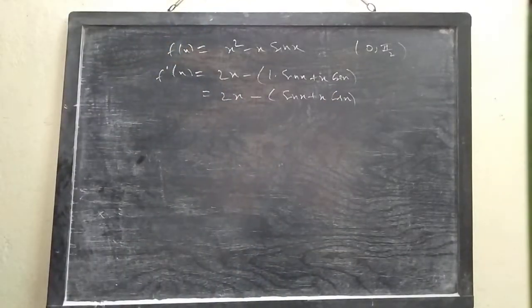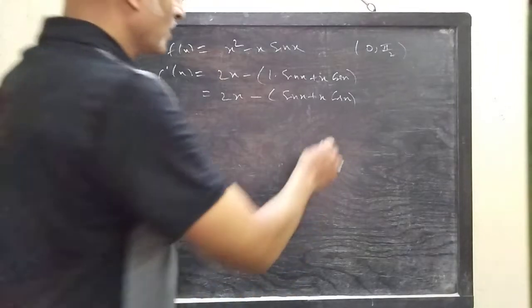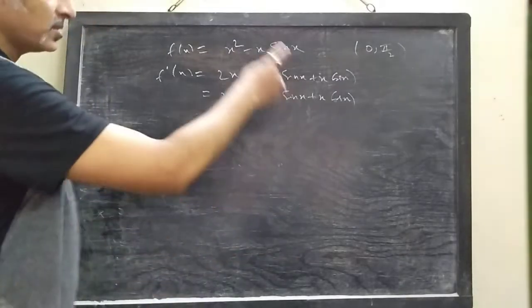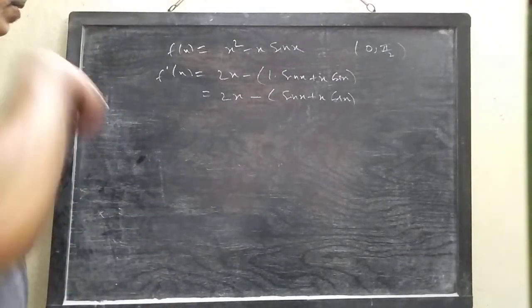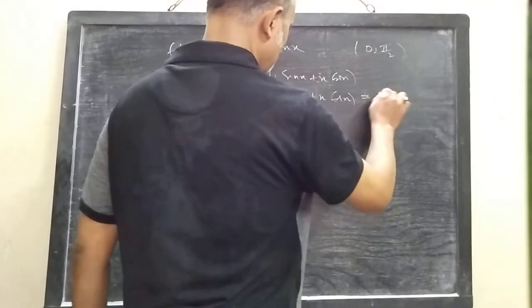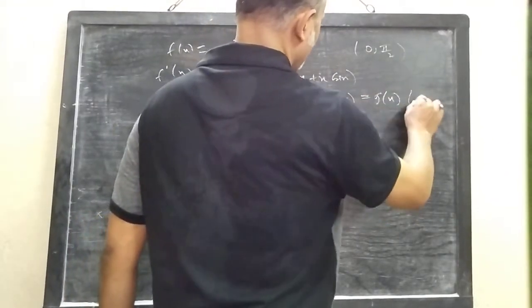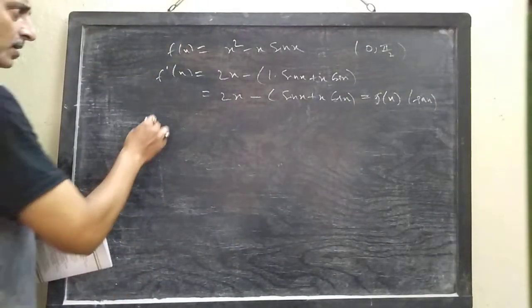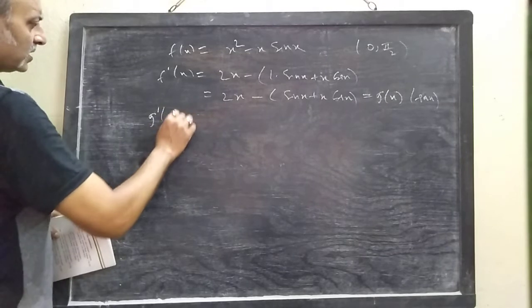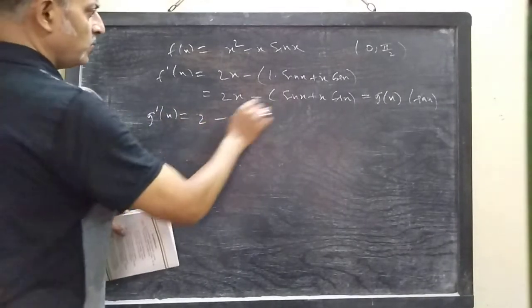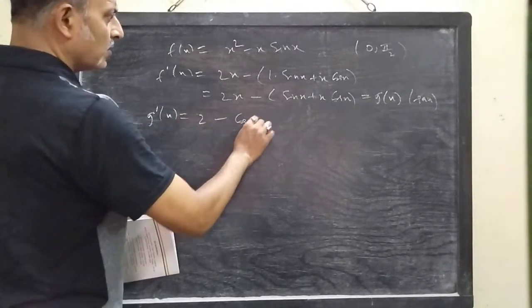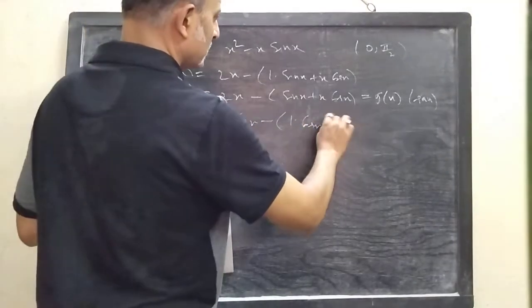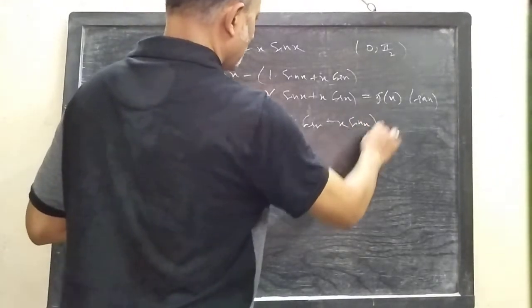But look, we have no knowledge to say this is greater than 0 for all x belongs to 0 to pi by 2. For this, we consider another function g x, and now get the derivative of that function. g dash x becomes 2 minus cos x minus 1 into cos x minus x into sin x.